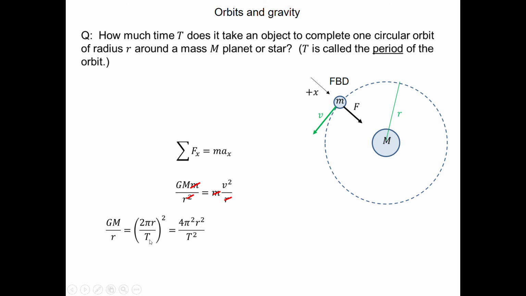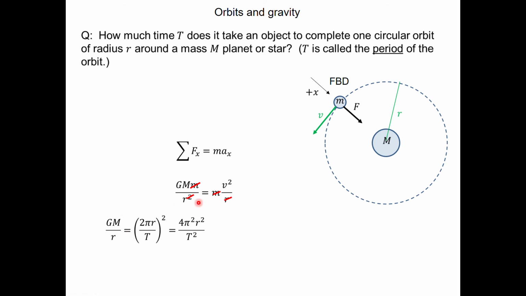And the time I'm interested in is the time that it takes to go around one complete revolution. So the corresponding distance it would go is one circumference, 2 pi r, where r is the radius of the orbit. Okay, all of that stuff's being squared, and now I'm just going to square it out, right? 2 squared is 4, pi squared is appearing here, r squared over T squared. I've just squared everything in this thing right here.